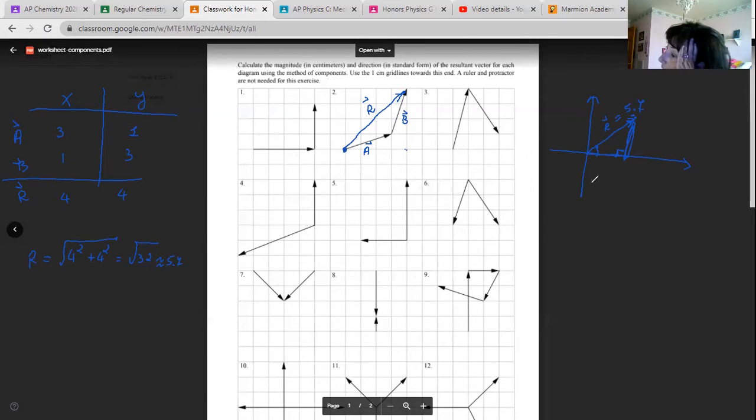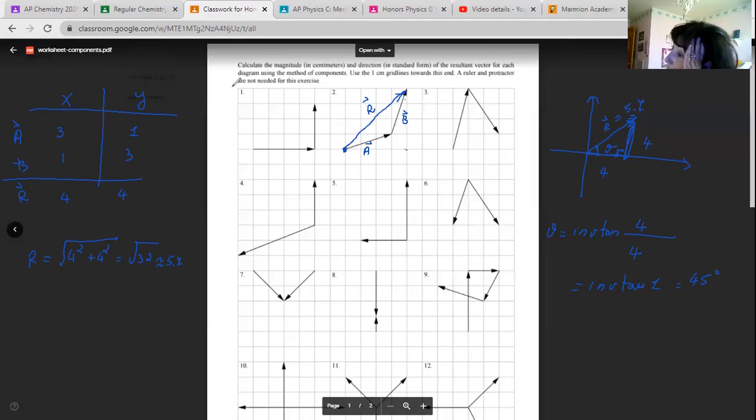The angle here, let's call it theta. Theta is going to be the inverse tangent of your rise over run. This is the rise because this is 4, this is 4. Rise over run is going to be the inverse tangent of 1, and we know that this happens at 45 degrees. So this is 45 degrees.